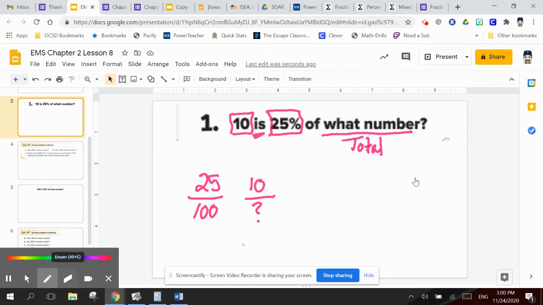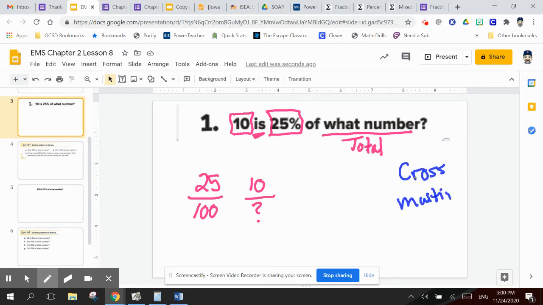So what I'm going to do is cross multiply and divide. Just like the strategy we used before, I'm going to take the denominator times the opposite numerator.